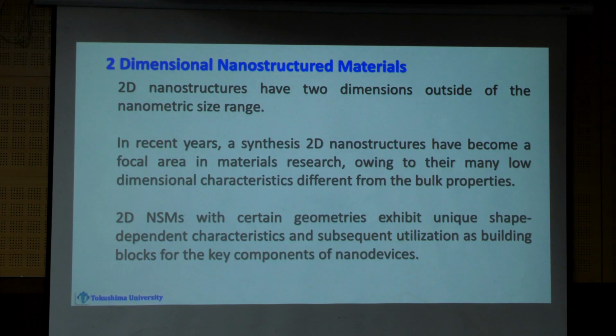These days, most research papers are on two-dimensional material. Why? Earlier, one-dimensional material, mostly oxide material, was already studied. And when graphene was invented, after that people started to work on various two-dimensional materials, and they are getting better performance, better research. That's why two-dimensional material is more popular than one-dimensional and zero-dimensional.